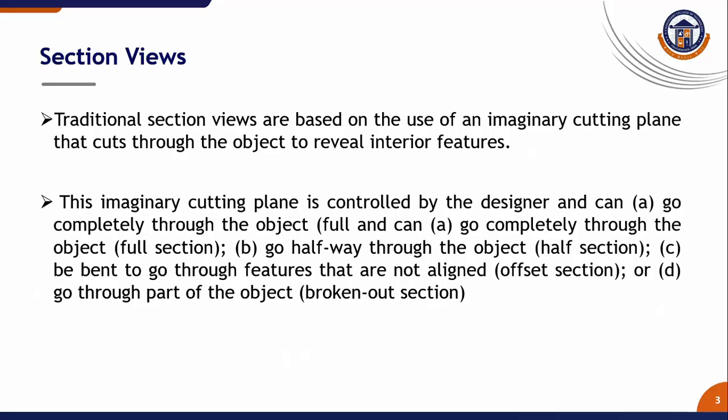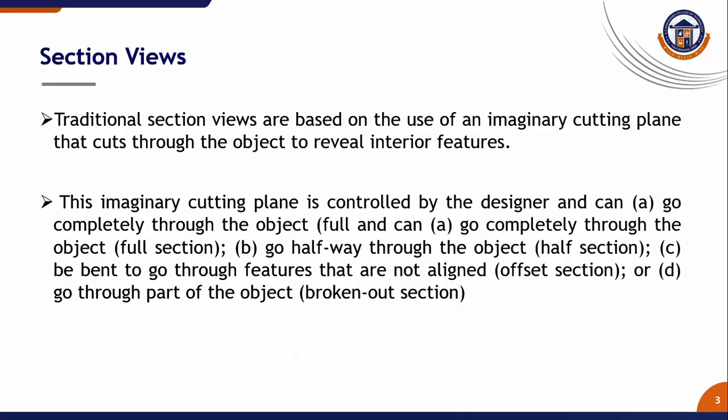Sectional view. Traditional sectional views are based on the use of an imaginary cutting plane that cuts through the object to reveal interior features. The imaginary cutting plane is controlled by the designer and there are five conditions.